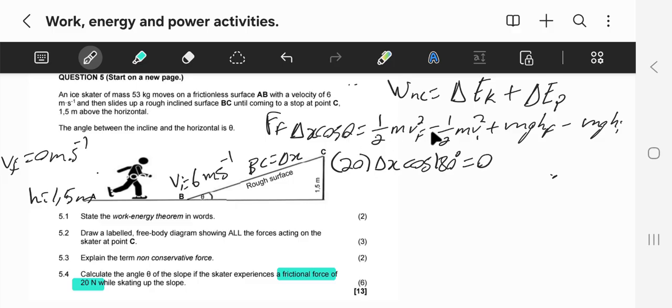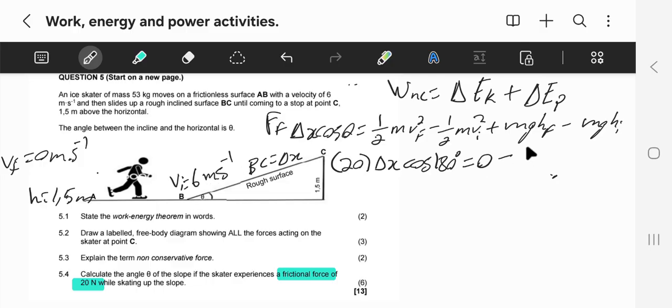This is our kinetic energy. So when I substitute to find my final kinetic energy here, I would put 0 there for the velocity and I would get everything as 0. But when it comes to the initial velocity, remember what we said? We said when the object moves from point B to C, it will move with an initial velocity of 6 meters per second.